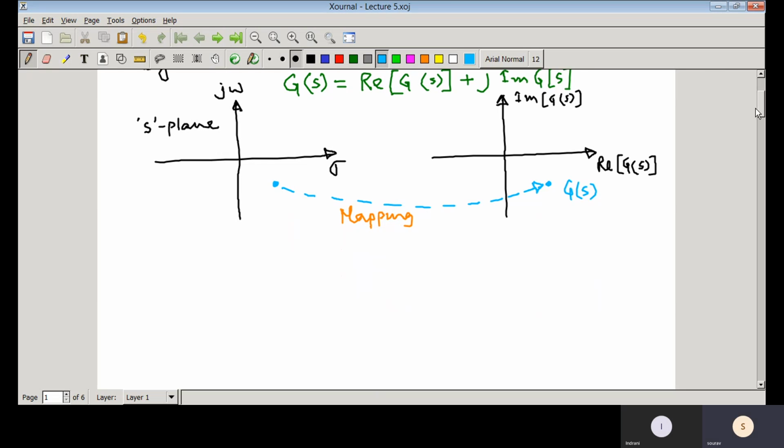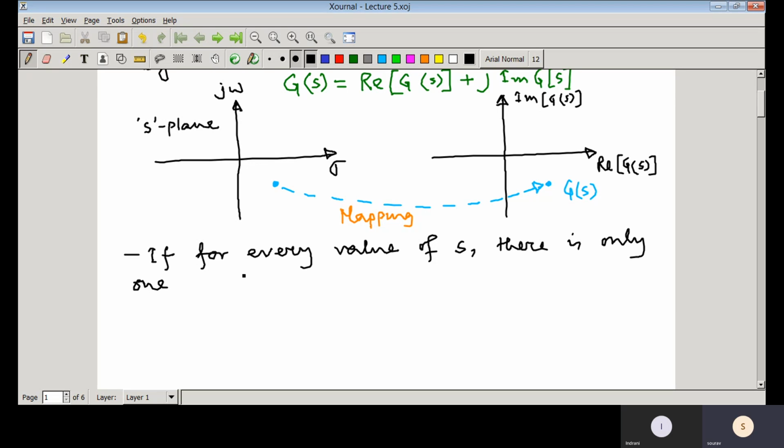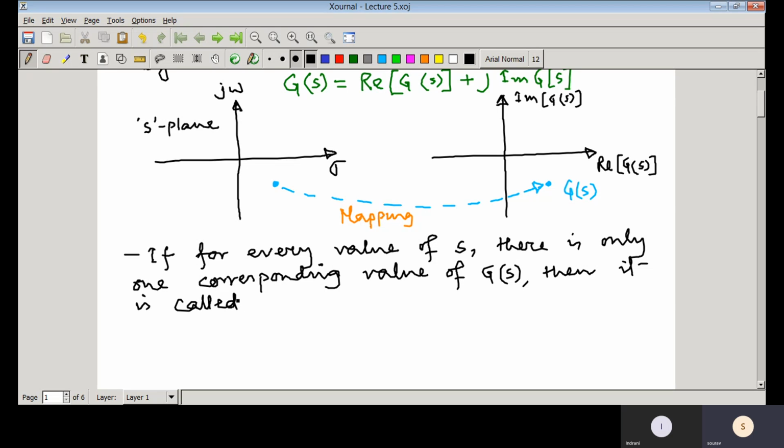If for every value of s there is only one corresponding value of G(s), it is called a single valued function.